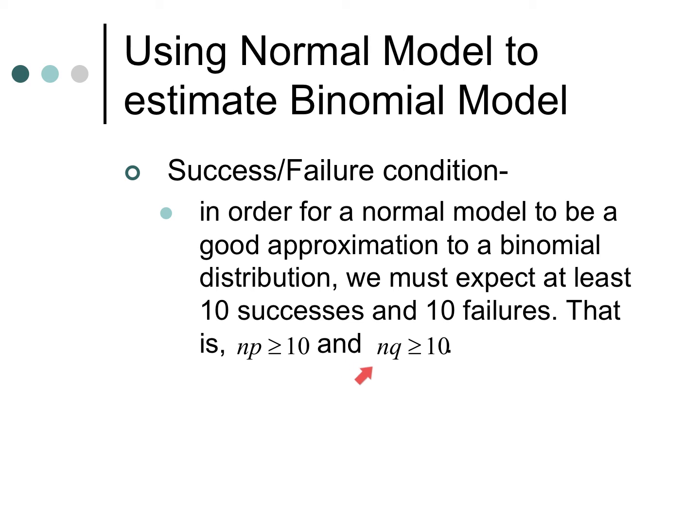If that's greater than or equal to 10, and the number of failures we expect is n times q, if that's greater than or equal to 10, then we can use the normal model instead of the binomial model. And that's sometimes easier to use when I want a cumulative probability. This condition becomes super important when we get to chapters 18 through 22. It's one of our conditions for the hypothesis test.